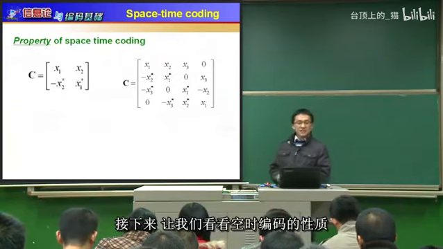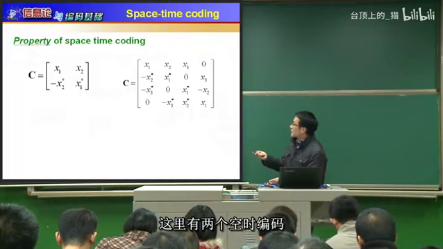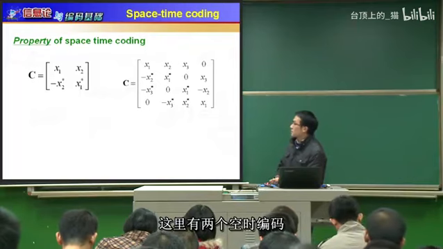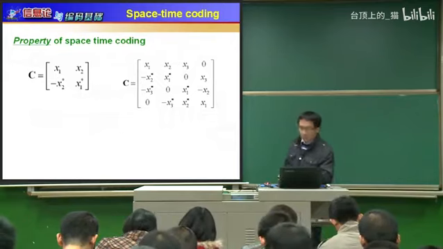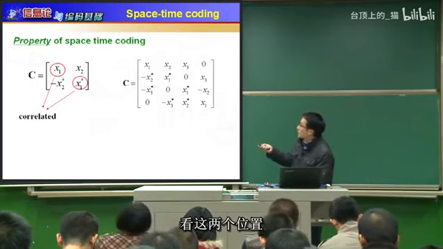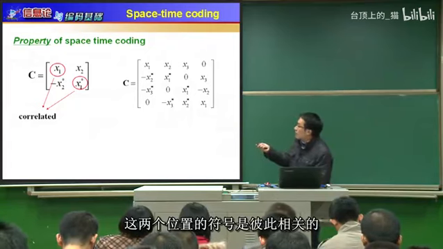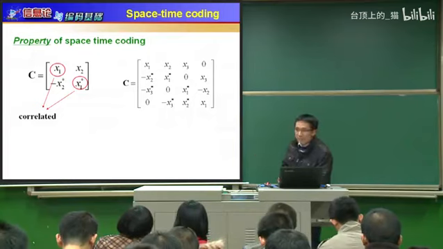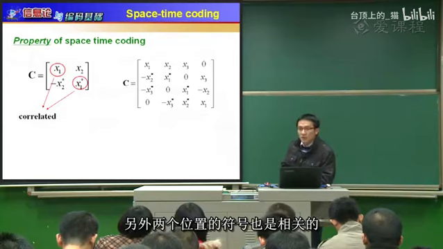And next, let's see the property of space-time coding. These are 2 space-time codes. And first, let's see the first one. The first one is a 2 by 2 space-time code. We see the 2 positions. The symbols in the 2 positions are correlated. Okay, and the other two positions are also correlated.